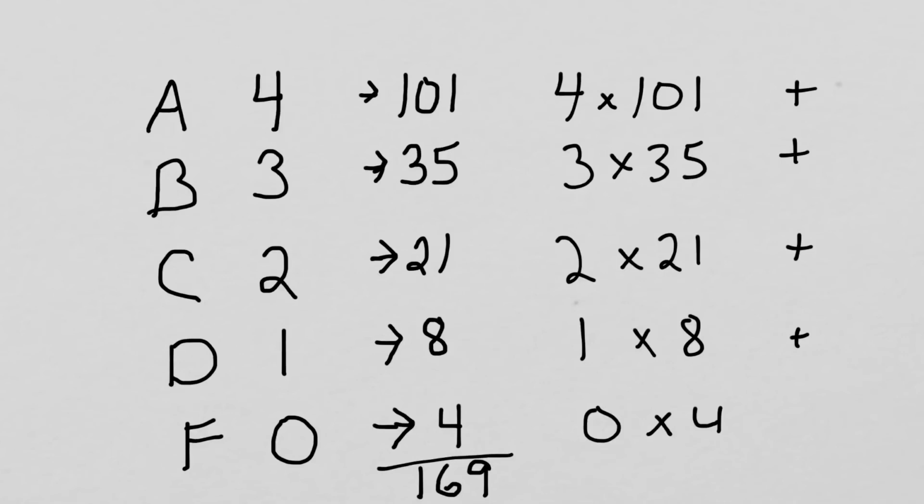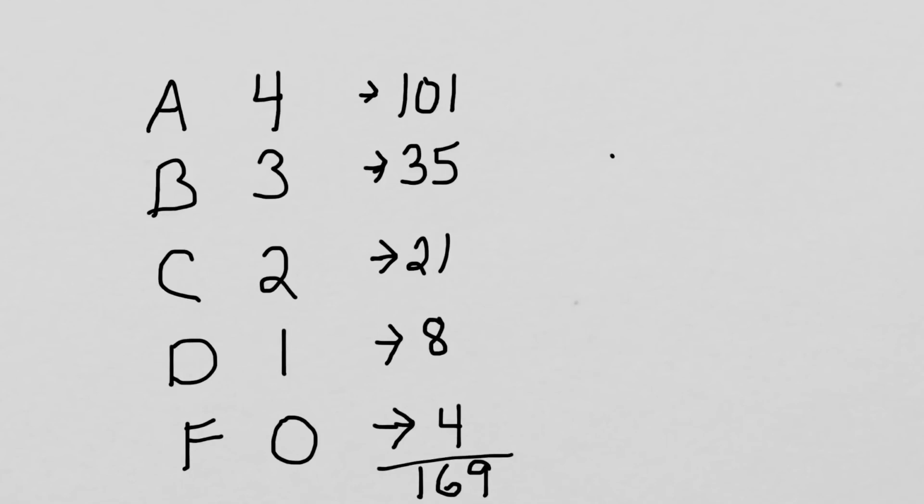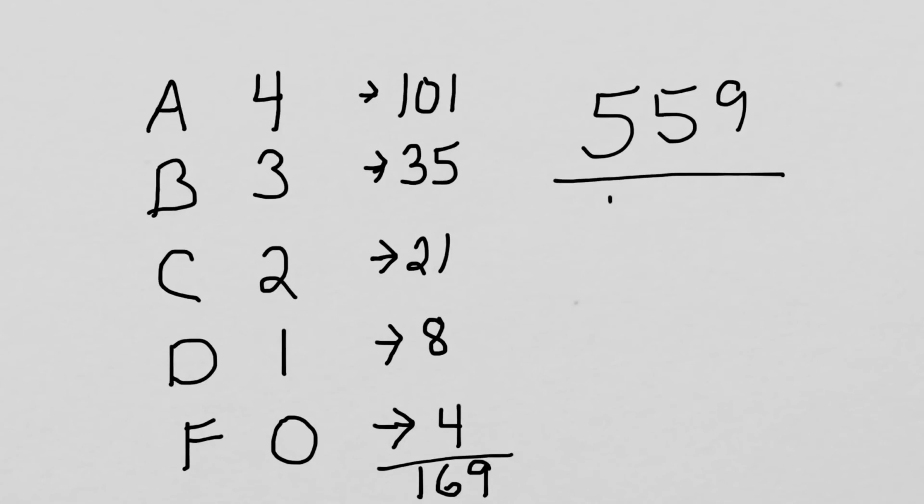All right. Now, if you add all these together, 4 times 101 plus 3 times 35, and so on, you get 559. Now, if you divide that by the 169, you're going to get 3.3.